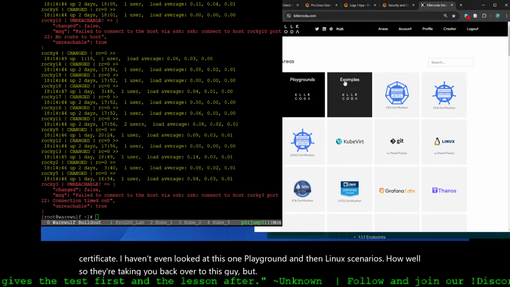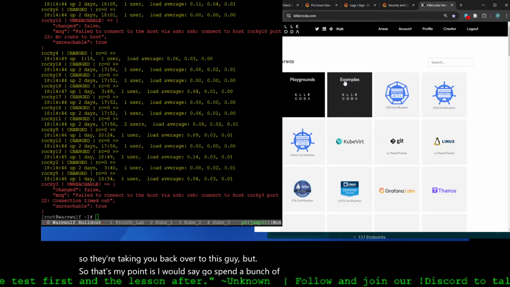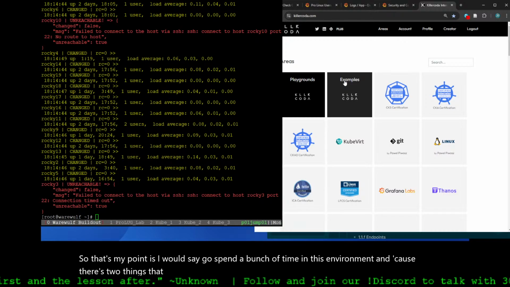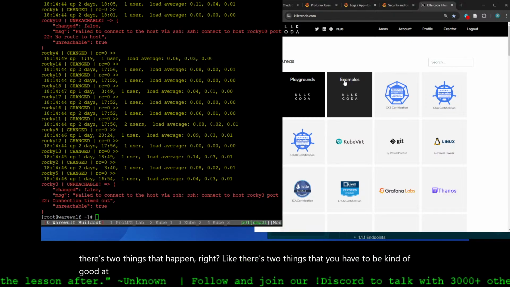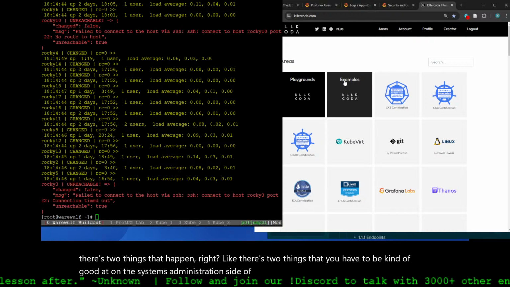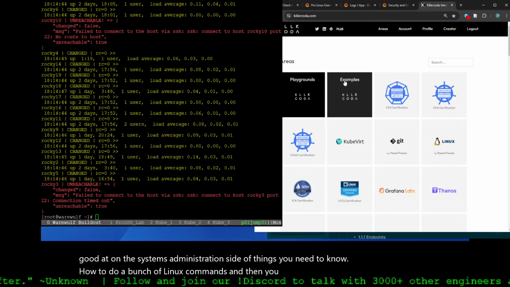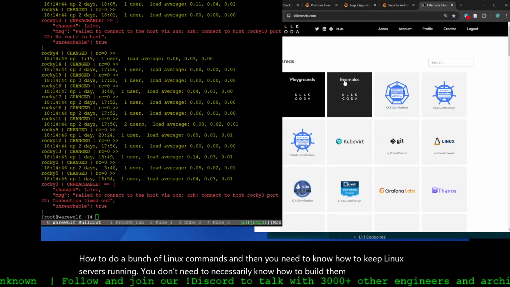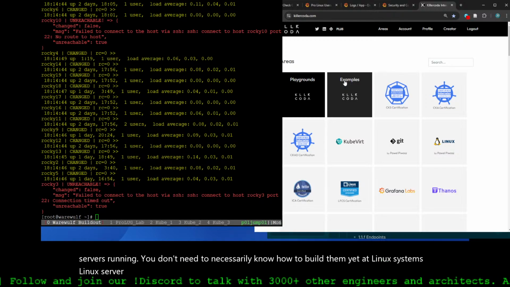So that's my point, is I would say go spend a bunch of time in this environment, because there's two things that you have to be kind of good at. On the systems administration side of things, you need to know how to do a bunch of Linux commands, and then you need to know how to keep Linux servers running. You don't need to necessarily know how to build them yet. At the Linux server administration level, you're not quite to building them.